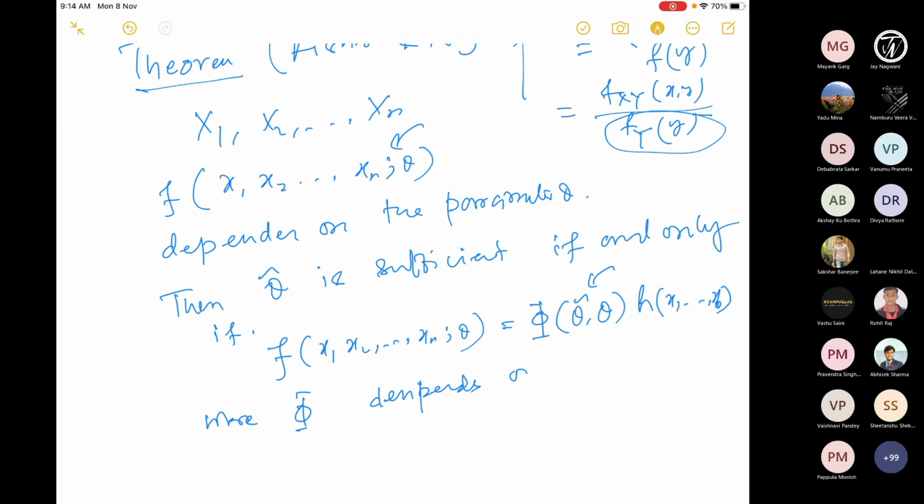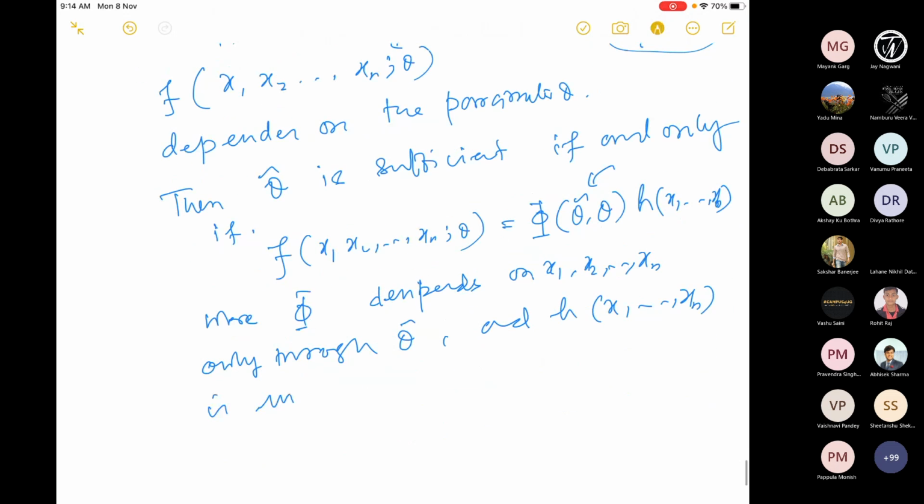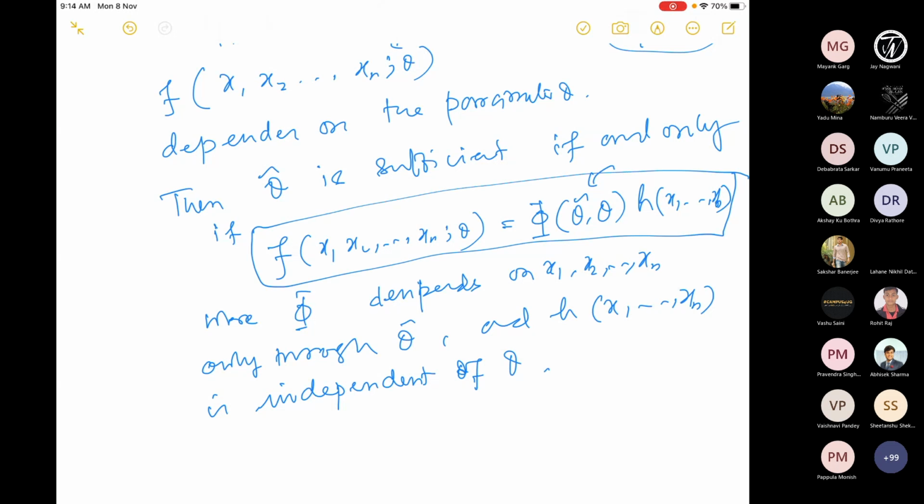So phi depends on x1, x2, xn only through theta hat, and h, this function of x1, x2, xn, is independent of theta. So if this joint distribution can be factored, I'll show you an example, and only one example because we don't have much time.